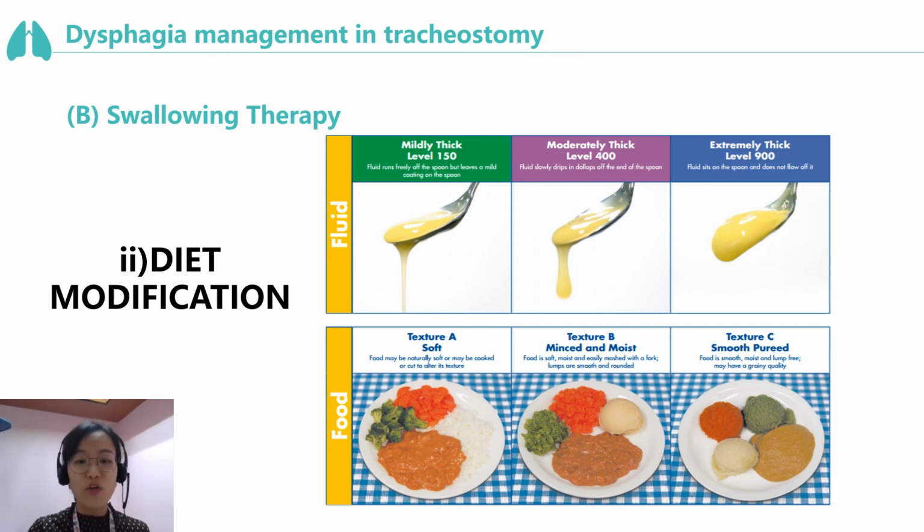For food, we will start with a very simple diet that doesn't need chewing, which is the smooth puree. And then mince and moist, which means that we chop up all the vegetables, like broccoli, into small pieces that don't require much chewing. And last, this one is a soft diet. You can see there's the steamed broccoli which needs a bit of chewing.